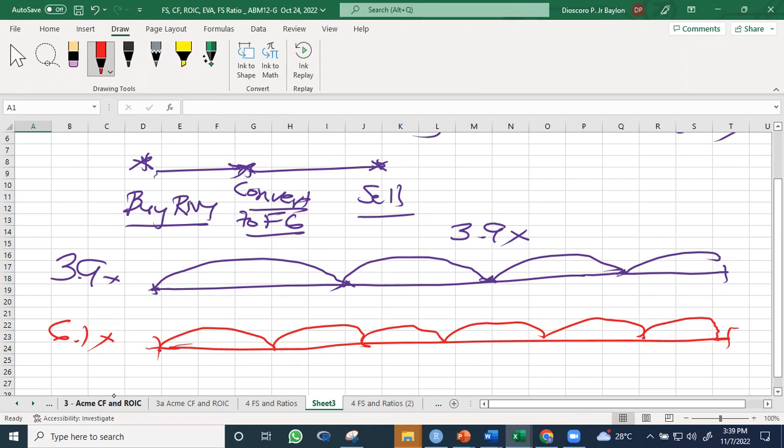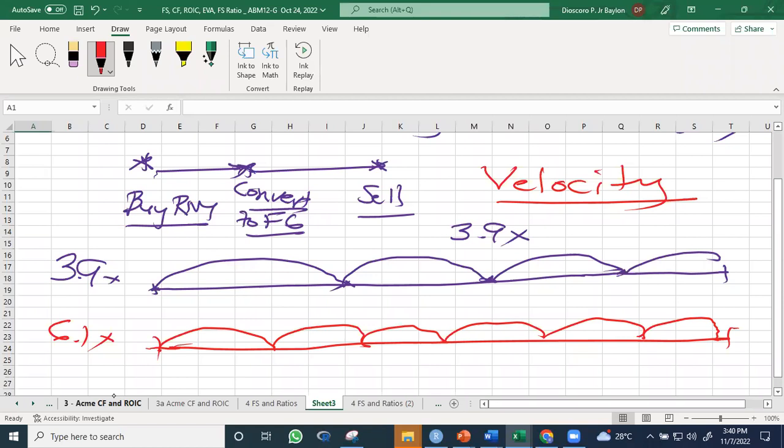So this is actually the velocity, the velocity of how fast the firm buys raw materials, converts to finished goods, and then sells. 3.9 times for Microdrive, 6.1 times for the competitor. Now tell me, which is the better performer? Definitely the company that's able to sell frequently. The frequency is the velocity of their selling. That's better in general, because Microdrive is only 3.9 times, while the direct competitor is 6.1 times.